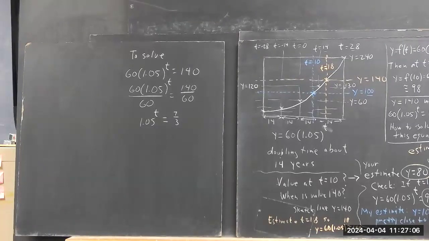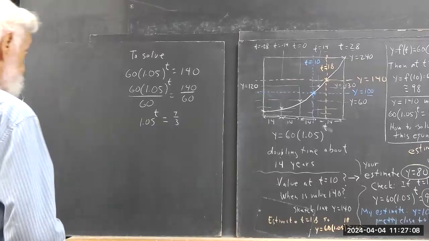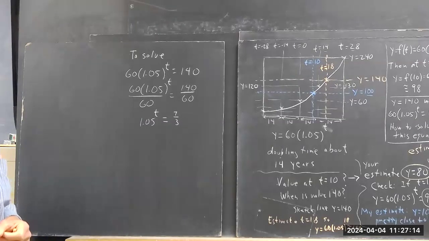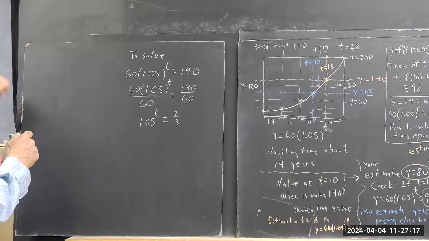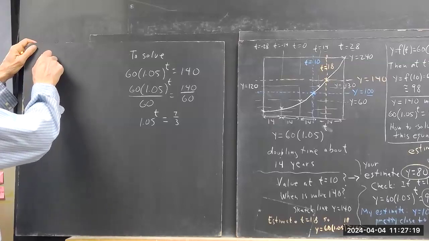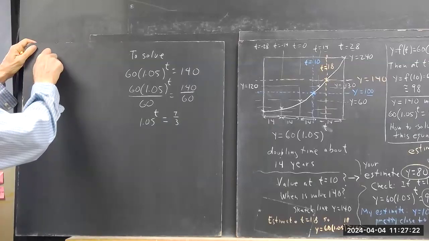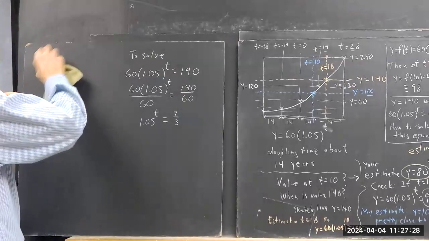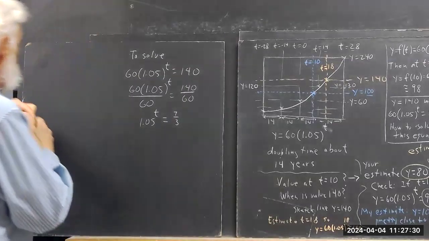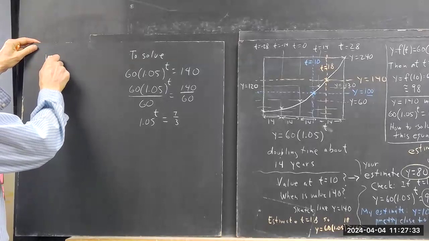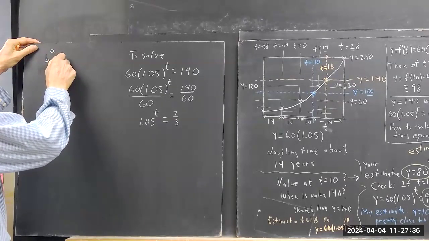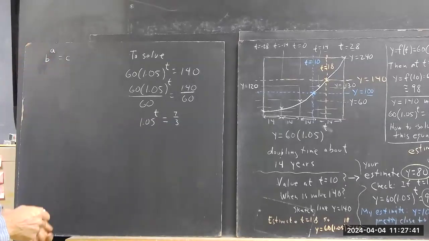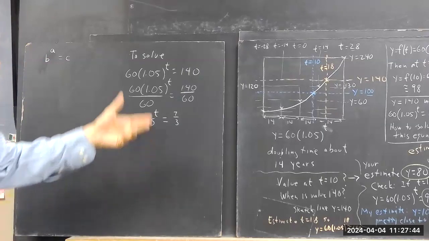Now, why do we do that? It's because we have the following rule. And from today forward, for the rest of your life, remember this. B to the A equals C. Now, is this in the form B to the A equals C?